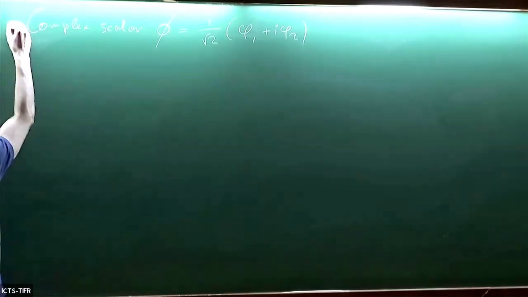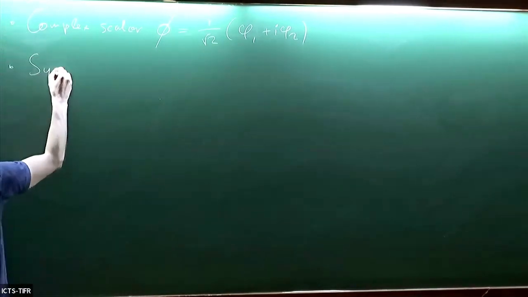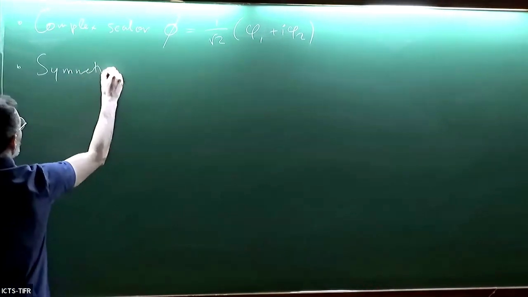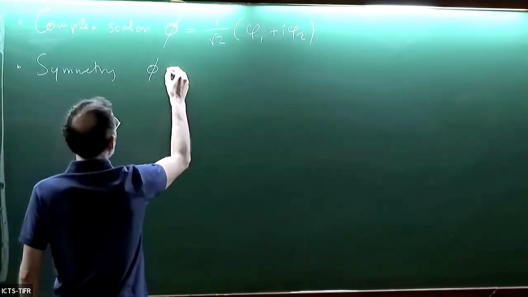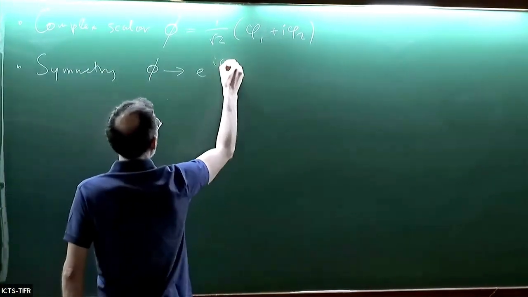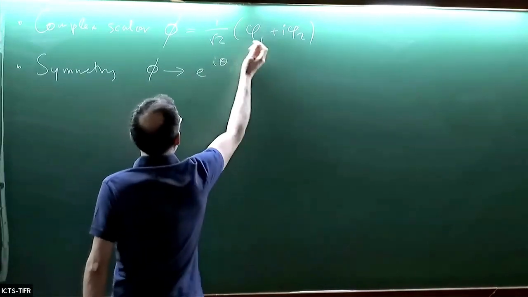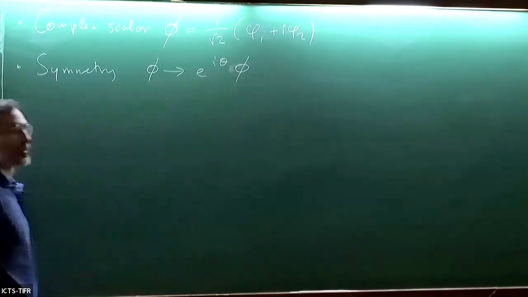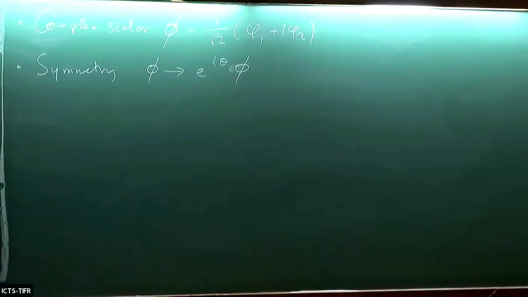We also assume it has an abelian symmetry that will be preserved, a global one, that sends phi to pick up a complex phase. And you can amuse yourselves to see that that same transformation in terms of real and imaginary coordinates is an O(2) rotation.